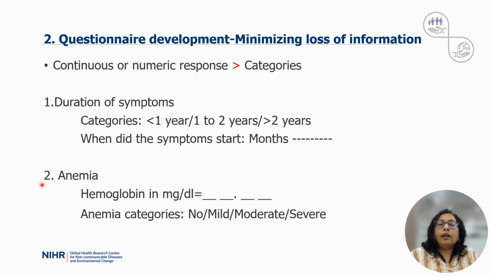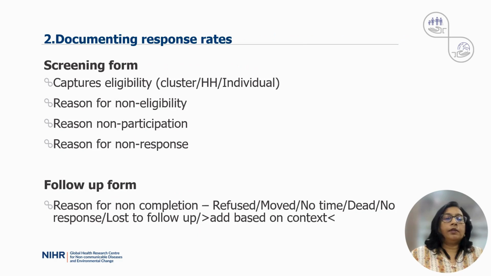And similarly, anemia. You collect it as hemoglobin raw values, or you collect it as various categories, and obviously we will choose the hemoglobin value if we have the data. So this is about minimizing loss of information. There is also another way where we might lose information, the way the study was conducted, and a good smart tool might help us.